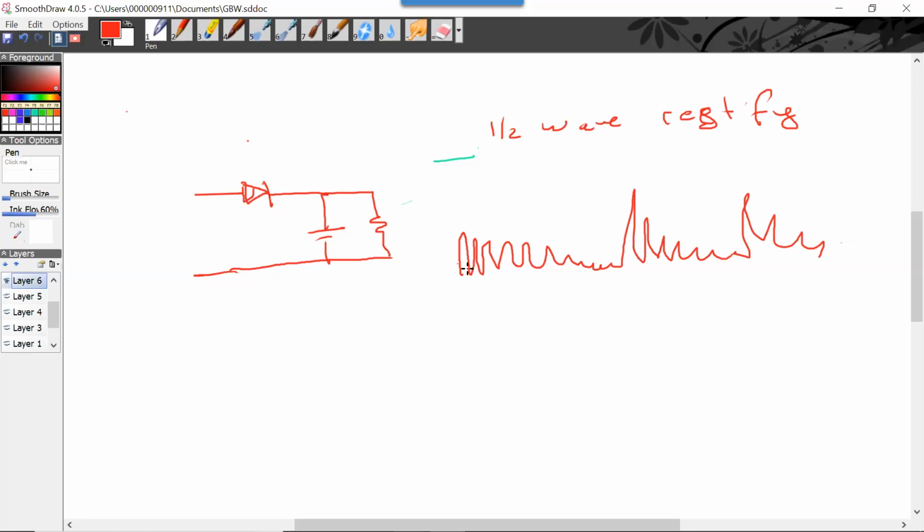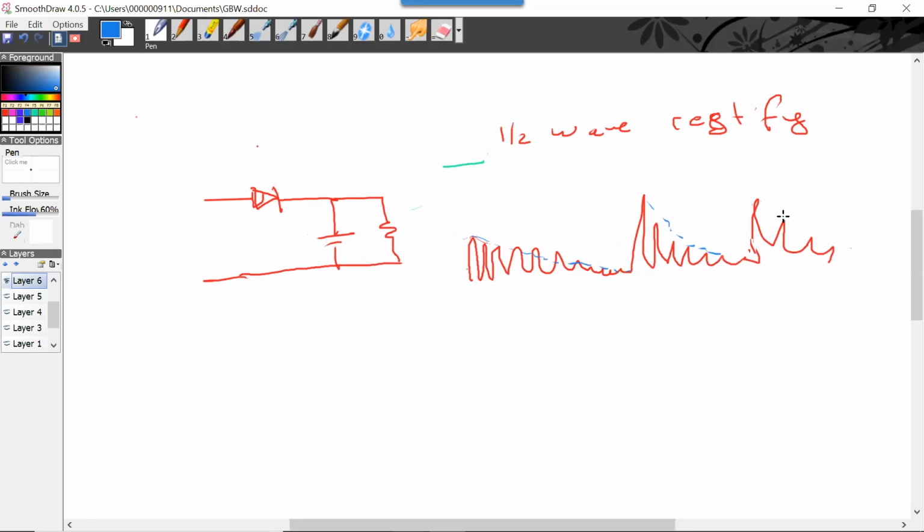The diode only allows it through, right? And then this RC filter makes it so it can't discharge. And so you'd get something like that. Oh yeah, you could use a full wave rectifier for that as well.